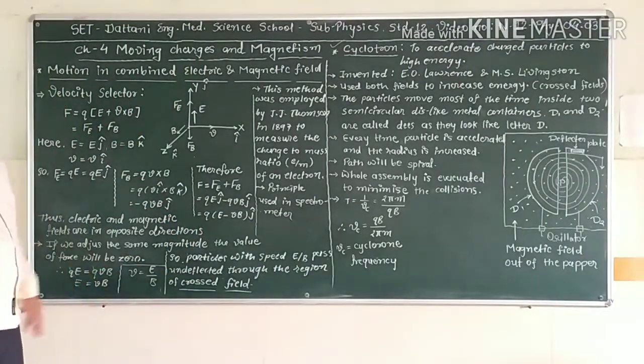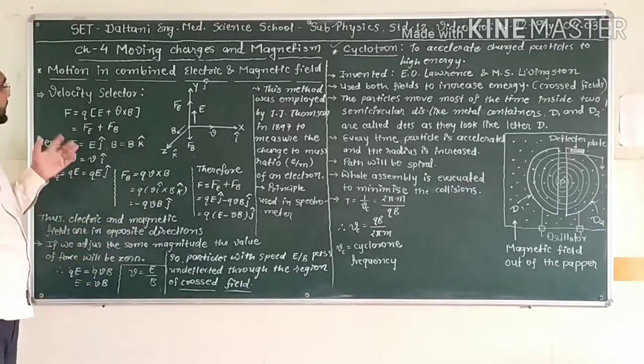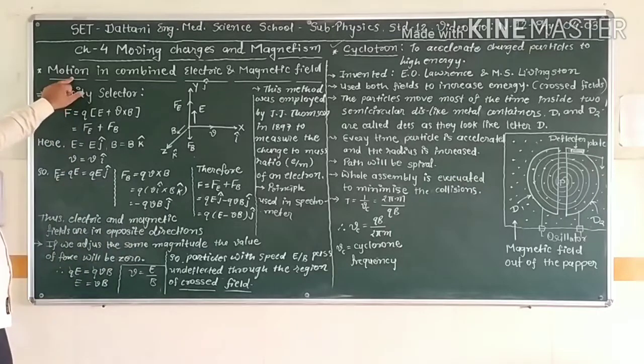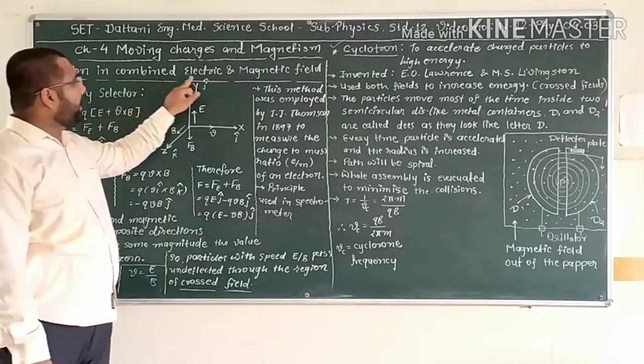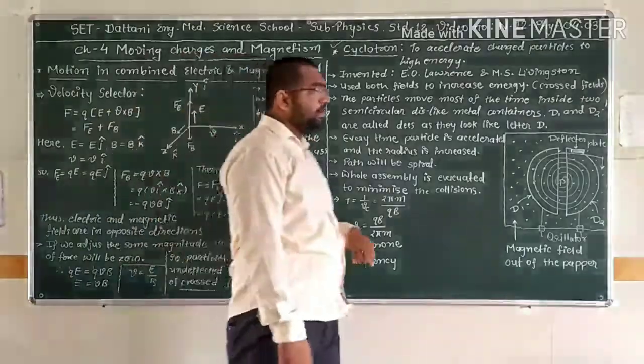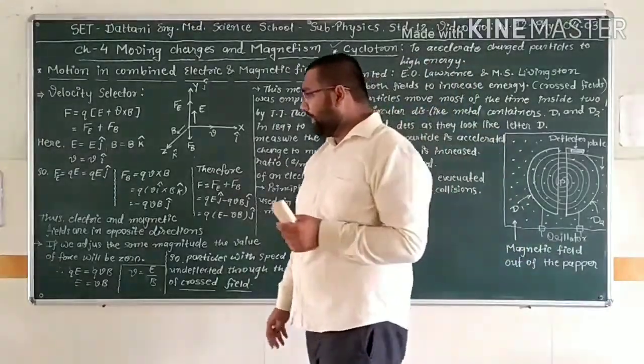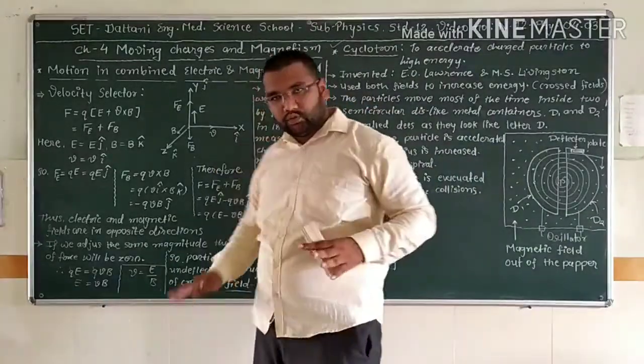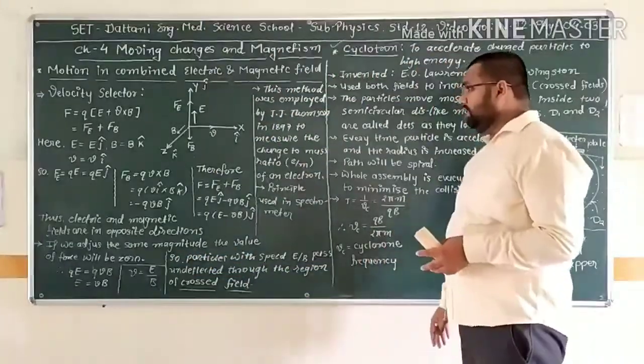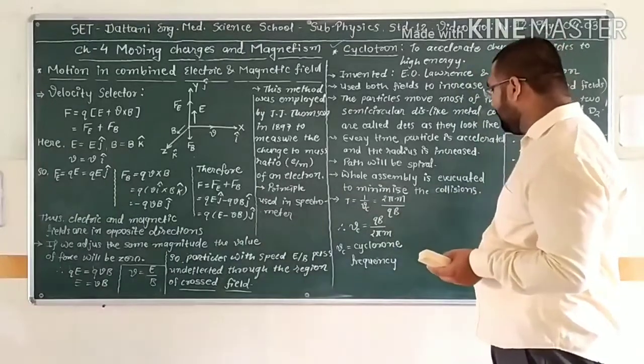This can also be asked in the examination: how can we select the velocity of a charged particle? Or else you can be asked in this way: derive the formula for motion in combined electric and magnetic field, or how can we select the velocity of a charged particle. So this was the common construction of the cyclotron.